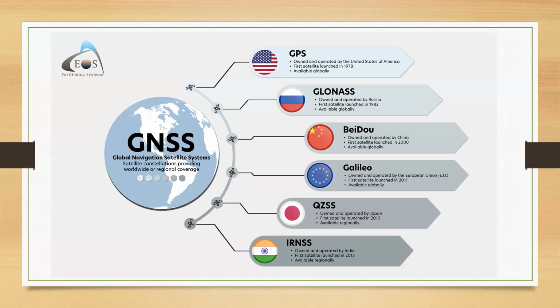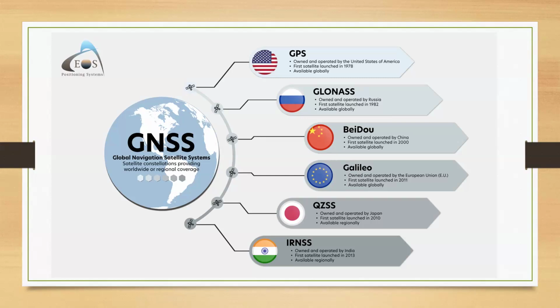And then we also have the GLONASS, which came almost immediately after the GPS. Those were kind of battles between the superpowers, the United States and Russia. So Russia put up their own navigation system, which they call GLONASS.